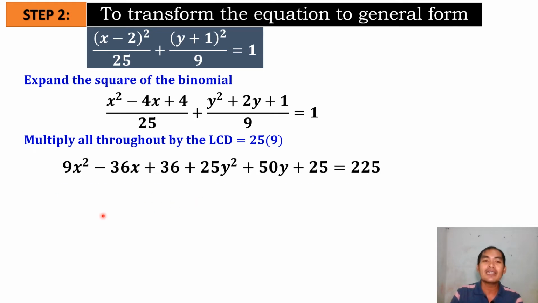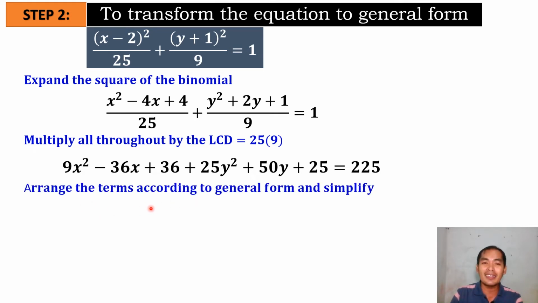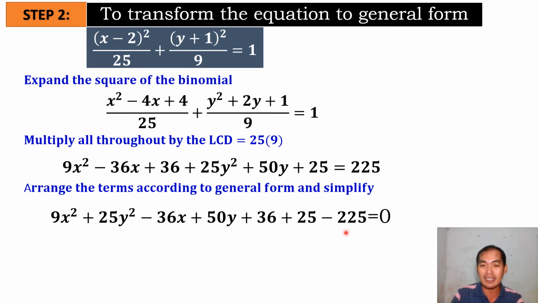Next step is arrange the terms according to general form and simplify. Lahat ng may square muna, 9x squared, then follow this, 25y squared, then followed by minus 36x, followed by plus 50y, then simplify the constant. 36 plus 25 minus 225 equals 0.